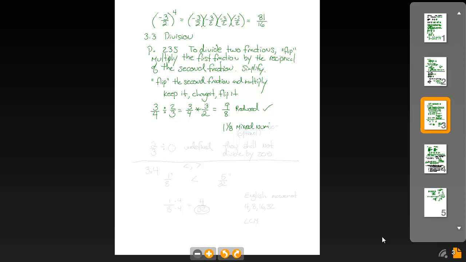That's changing to a mixed number. And that is optional, unless, as it happens for just a couple of problems, it tells you to change it. And what I mean by reduced, for those of you that don't see it, 9 and 8 have no common divisors. There's nothing on the multiplication table that would want to come out of those.